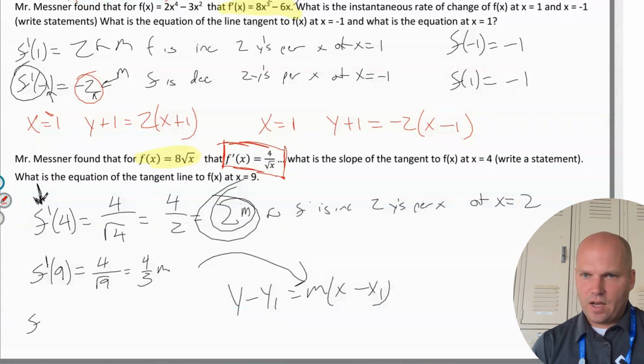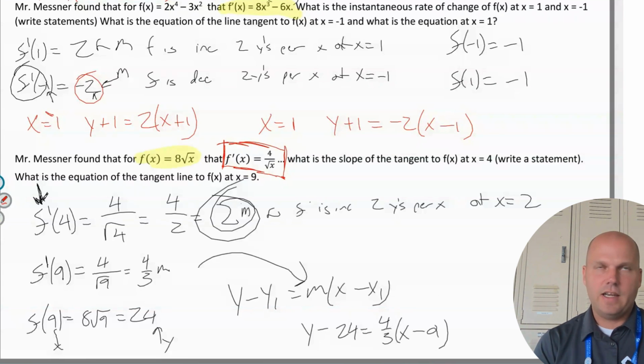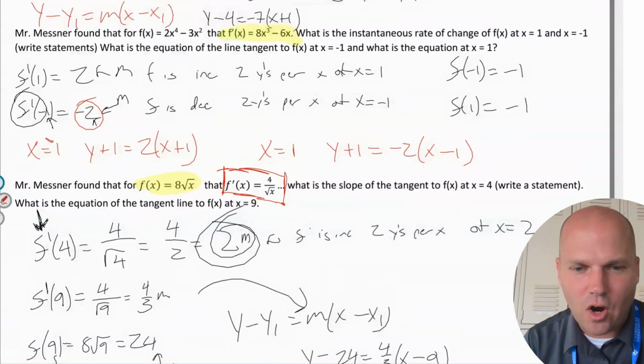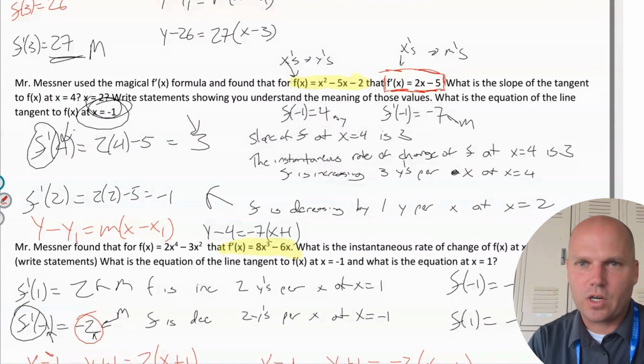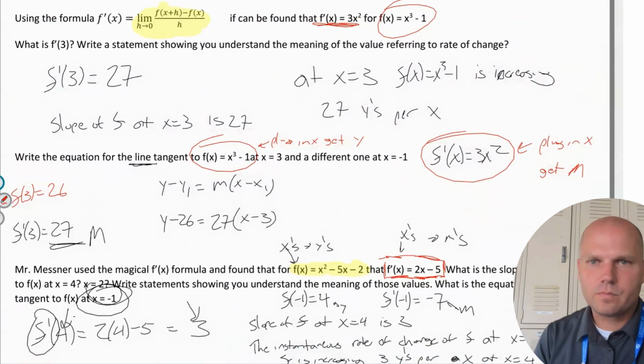What about f of 9? 8 root 9 is 8 times 3, which is 24. This is a y. This is the x. That's the x. This is the slope of f at 9, which is 4/3. So I get y minus 24 equals 4/3 x minus 9. And now let's look at all of our beautiful, beautiful, beautiful work if my computer doesn't break before then.